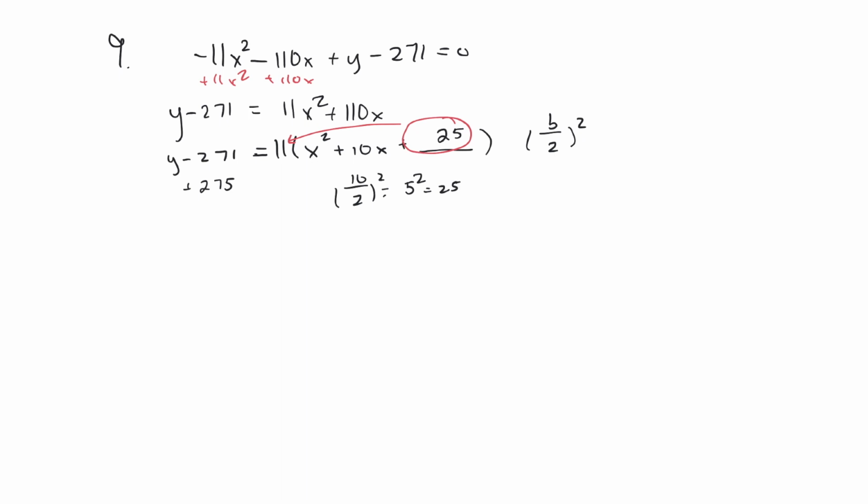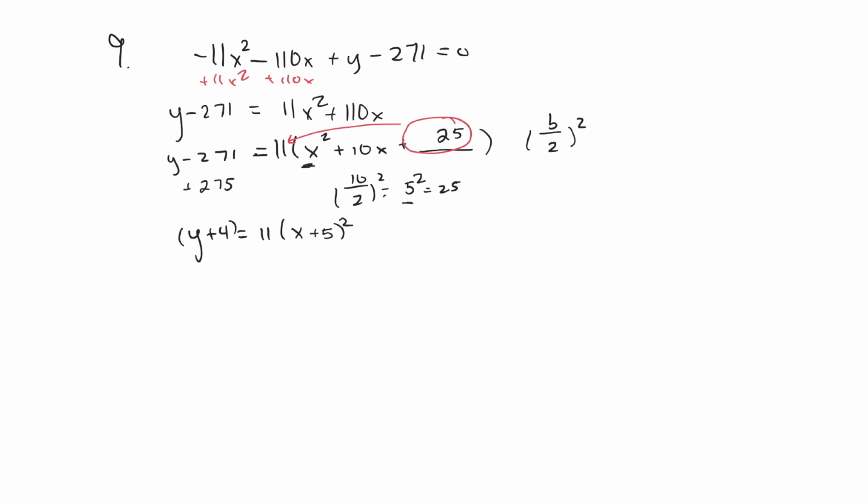Okay, so now it's about simplifying. We're going to do y plus 4 equals 11 times x, because that was the variable I was looking at here. And then we had a positive 5, so plus 5 squared. And now if there's a number factored out, make sure to put that on the non-squared side.